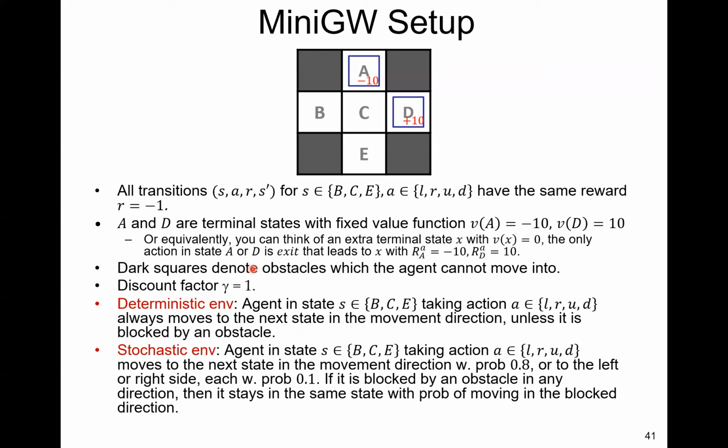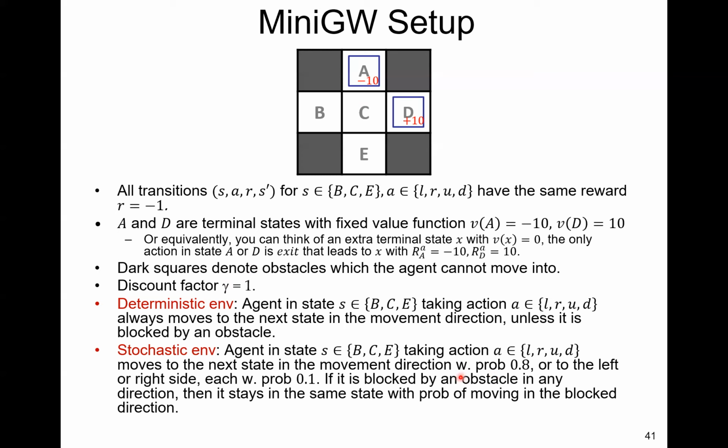One is deterministic, where the agent in any state taking action A, left, right, up or down, always moves to the next state in the movement direction unless it is blocked by an obstacle. Or it can be a stochastic environment, where the agent in state S taking action A moves to the next state in the movement direction with probability 0.8, or to the left or right side, each with probability 0.1.